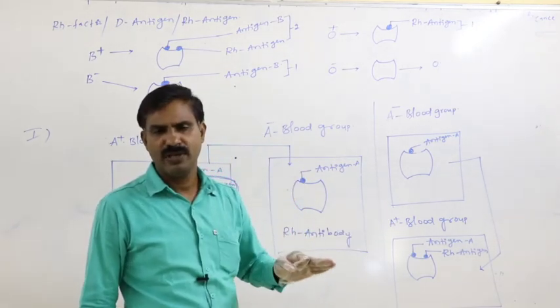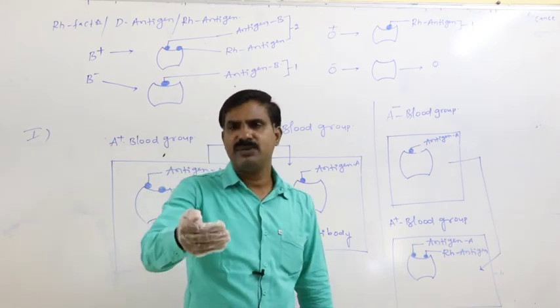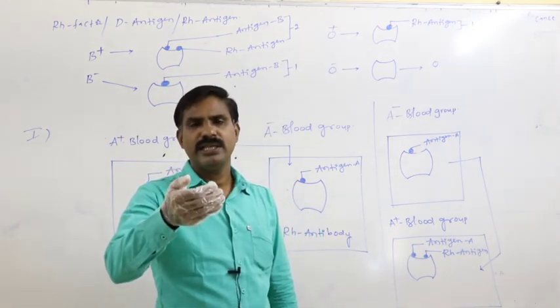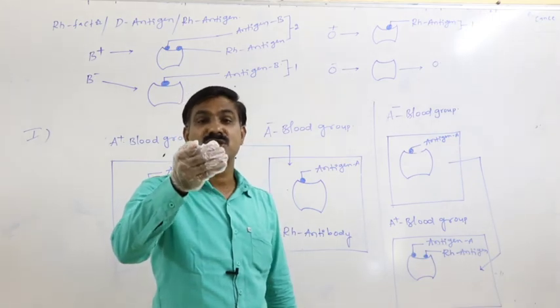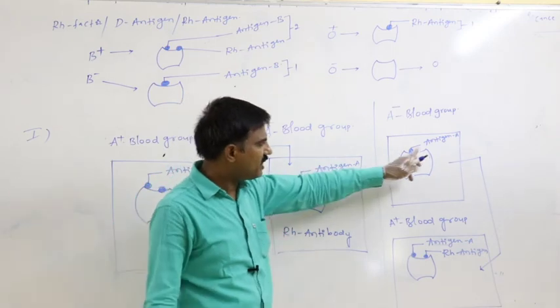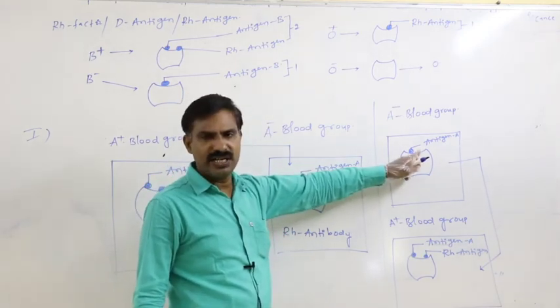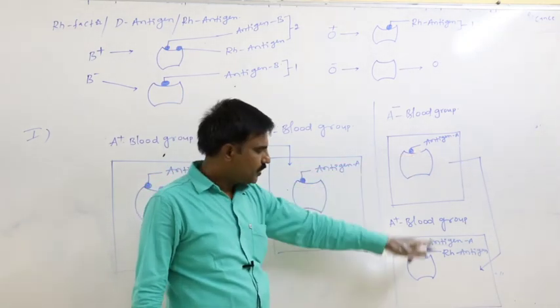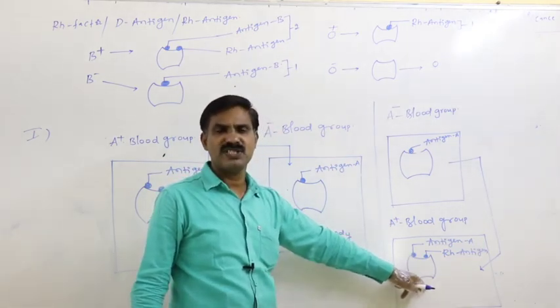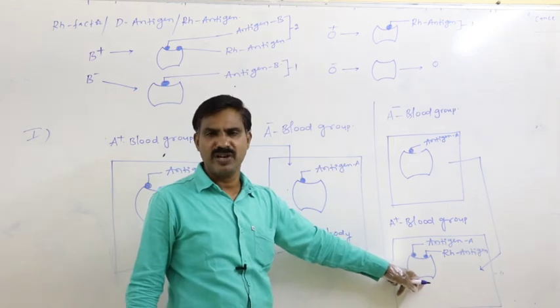Simply remember, to produce the antibody, the immune system of the person must be exposed to a foreign particle. Definitely here the foreign particle is not there. Rh antigen is not there. So this person's immune system does not become active. It is not involved in the production of antibody.